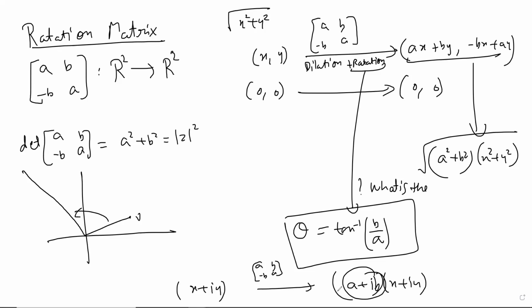So this is a rotation matrix. It's a very special matrix, not any arbitrary matrix. That is just one way to view it, and that's why we were calling this a rotation matrix.